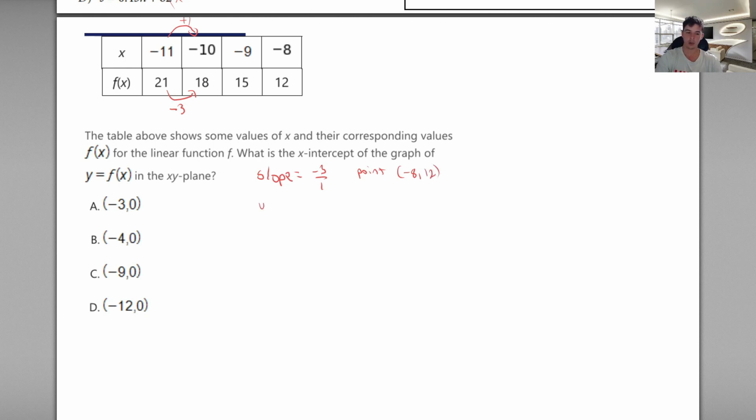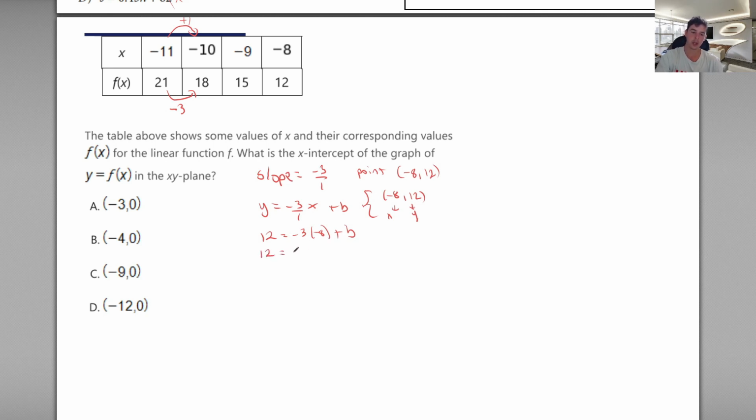So with this, we know that y equals negative 3 over 1 times x plus b. And we can substitute negative 8 and 12 for x and y. So 12 equals negative 3 over 1, which is just negative 3, times negative 8 plus b, which is the value we're trying to find.